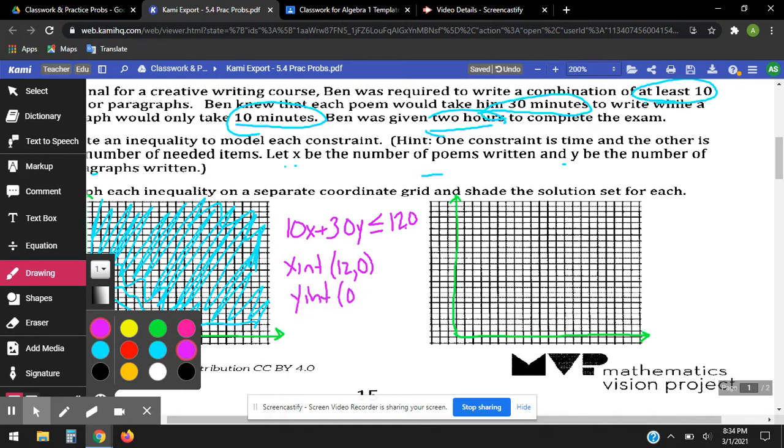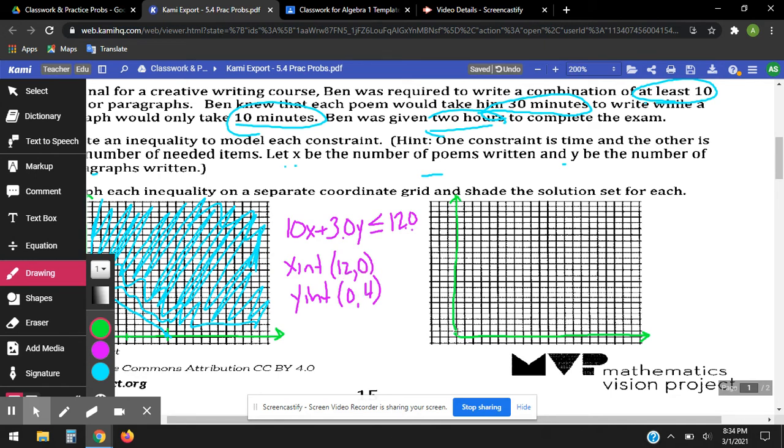The y-intercept is when x is 0, so 30 goes into 120 4 times. Yeah, only 4. So I need to do at least 4 marks on the y. Did I do that right? Yep, I did.